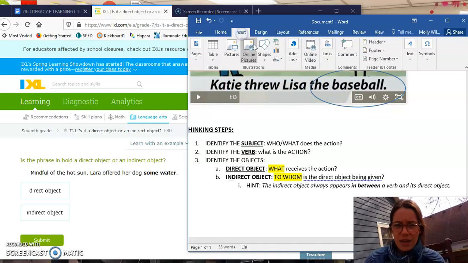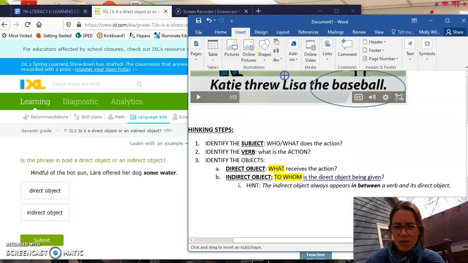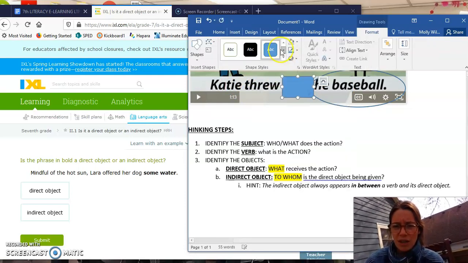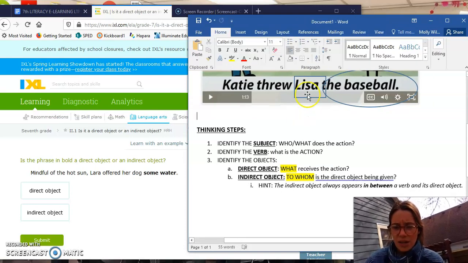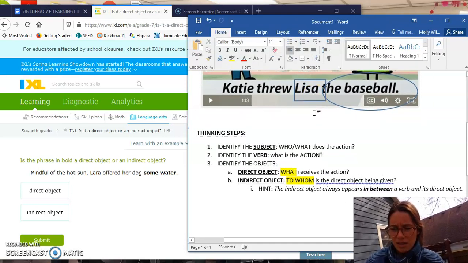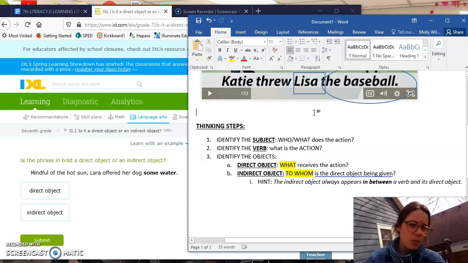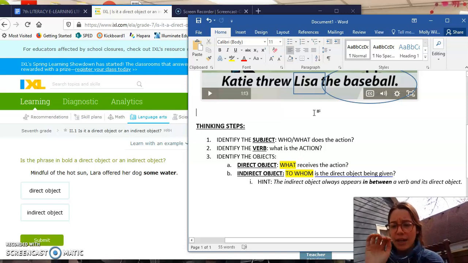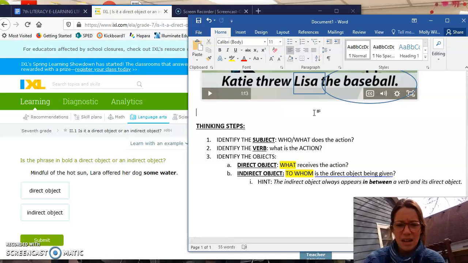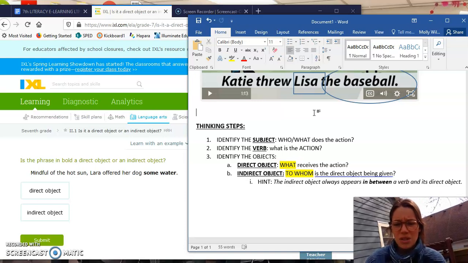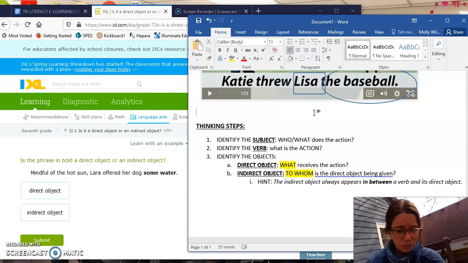Lisa the baseball. So the indirect object, let's check ourselves. Did it come in between the verb and the direct object? Yes. So I know that that's the indirect object in this example. When you begin working on this, I'd highly recommend pausing here, keeping these up so that you can work through these questions as you work on the examples, okay?